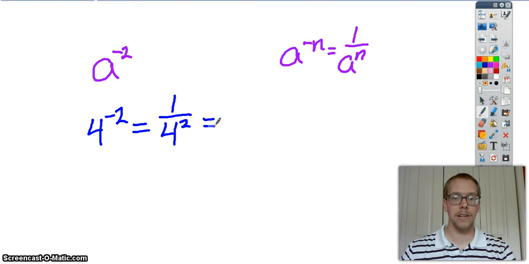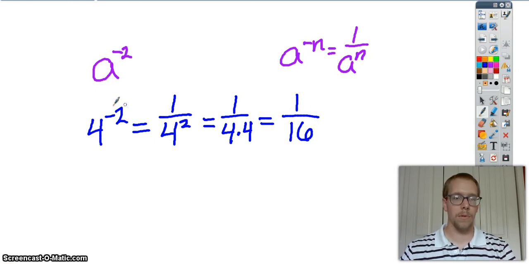And then we can go ahead and evaluate that to write it in standard form. Well, that's 1 over 4 times 4. So that's what 4 squared means. And then we have, well, 4 times 4 is 16. So we went from the exponent form, or 4 raised to the negative 2 power, all the way over to standard form, 1 over 16.